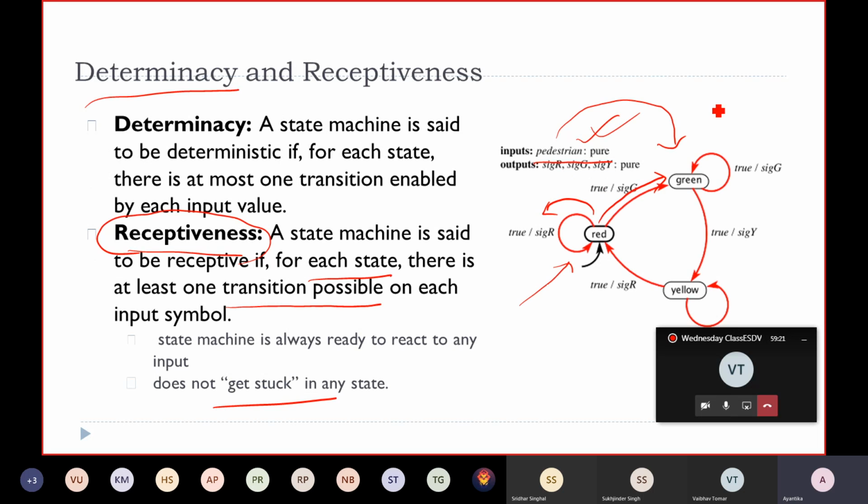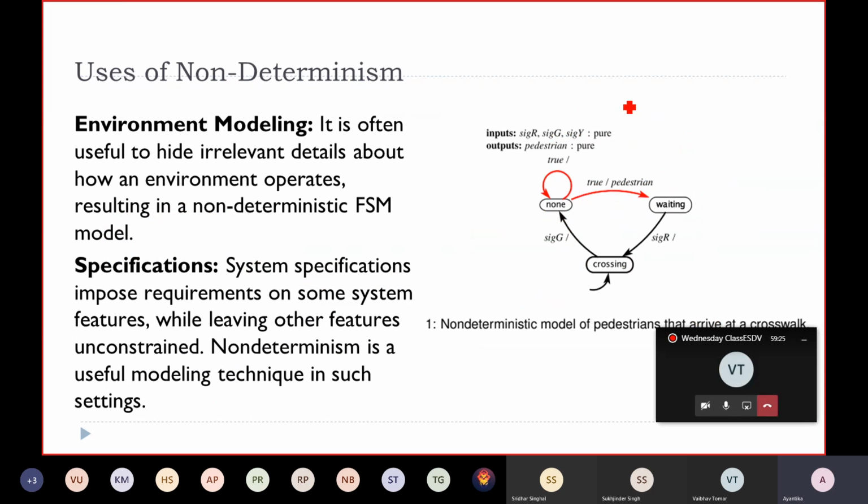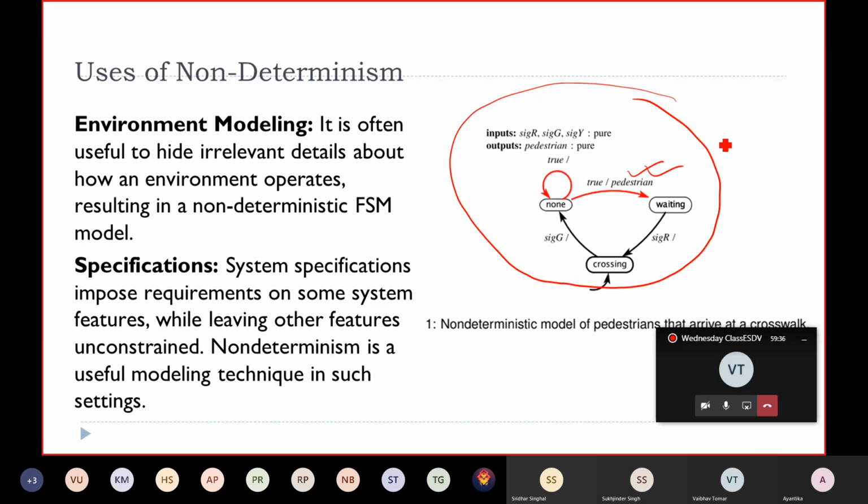Here we have just considered the pedestrian as a discrete input. Now you can think about one FSM that your pedestrian is also maintaining, and from that FSM this pedestrian value is just one pure, discrete output.